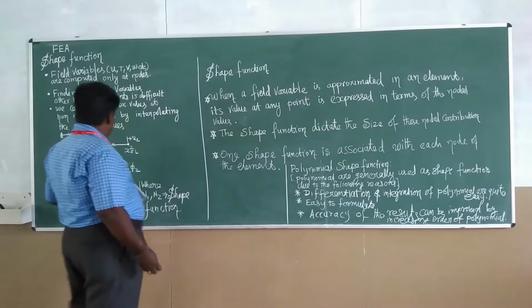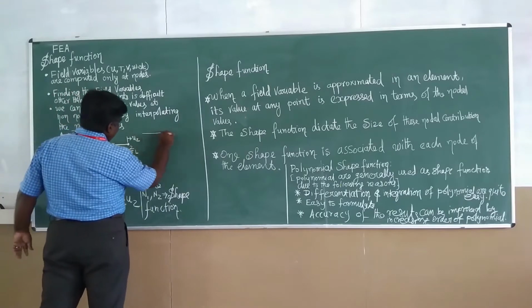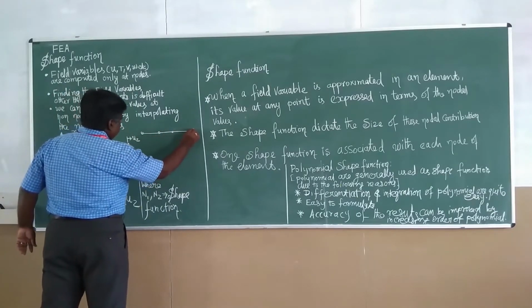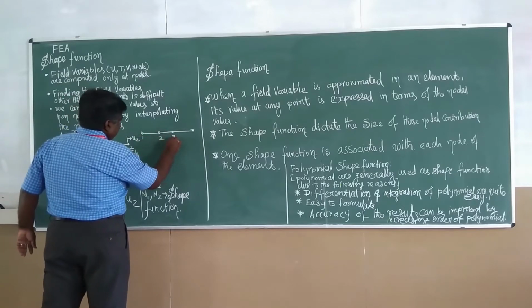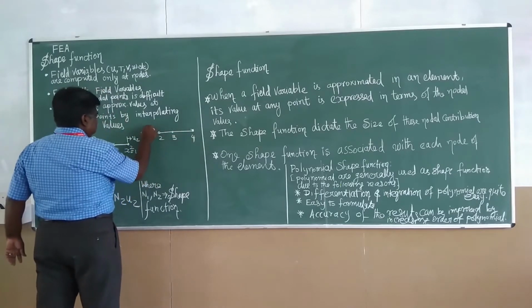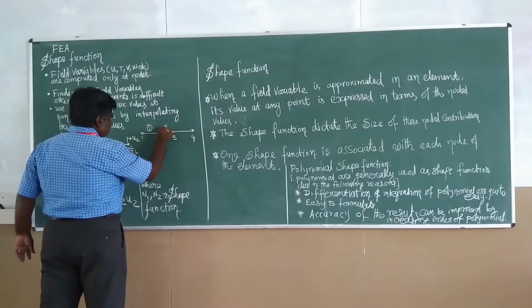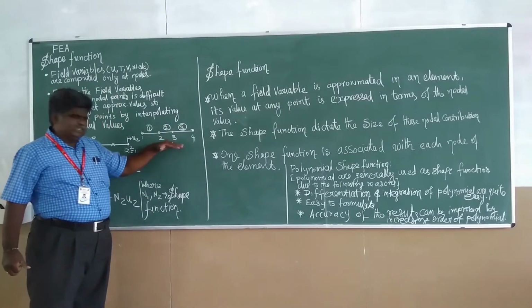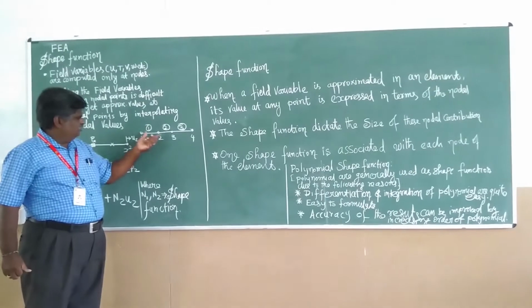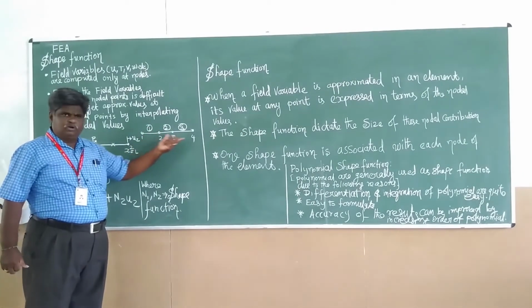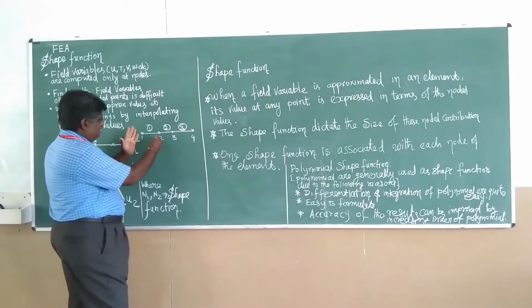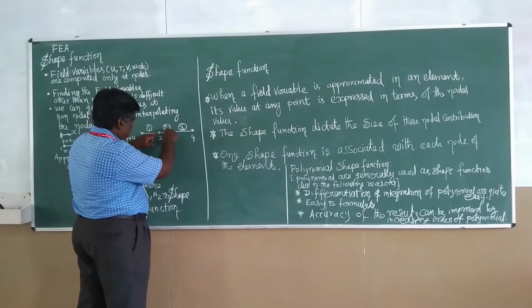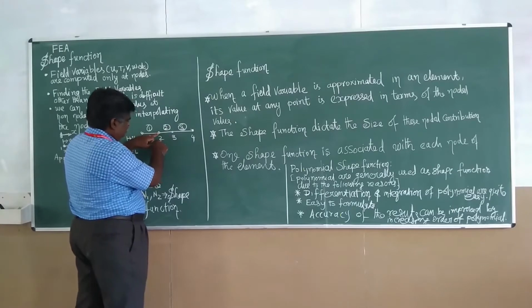For example, with 4 nodal points and 3 linear bar elements, element 1 is nodal points 1 and 2, and element 2 is nodal points 2 and 3.